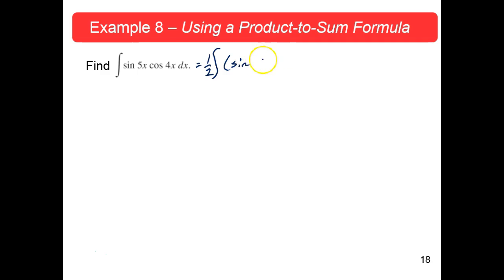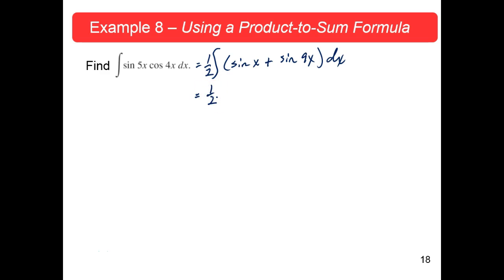So that would be x, plus, that's where the plus is going to be, the sine of, and this time we add the two together, that would be 9x dx. Got it? That's just looking above and using the formula.